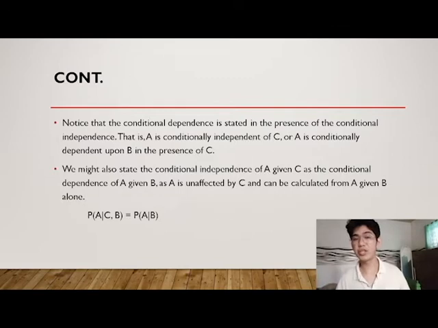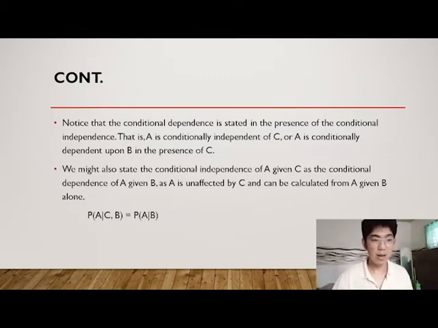Next, notice that the conditional dependencies are stated in the presence of the conditional independence. That is, A is conditionally independent of C, or A is conditionally dependent upon B in the presence of C. Basically, that means A is unconditionally independent of C, since A is dependent upon B in the presence of C. We might also state the conditional independence of A given C as the conditional dependence of A given B, as A is unaffected by C and can be calculated from A given B alone.